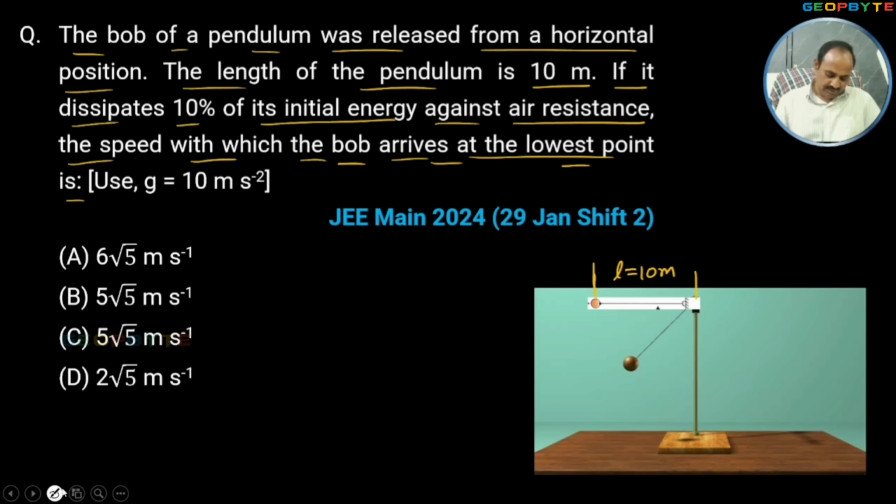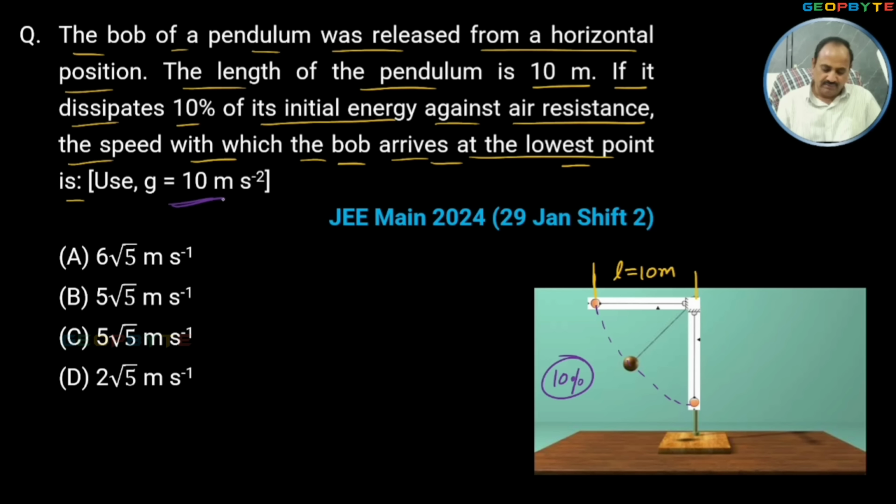That means by the time the bob is arriving from horizontal position to vertical position, 10% of energy loss is happening because of the air resistance.